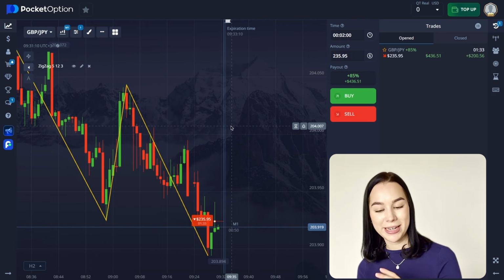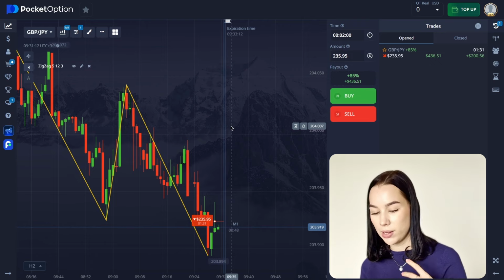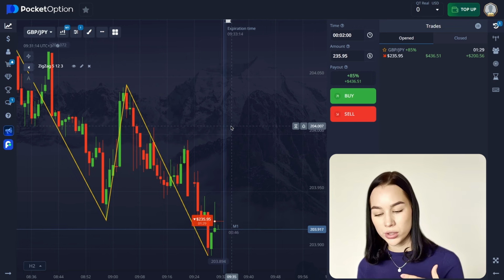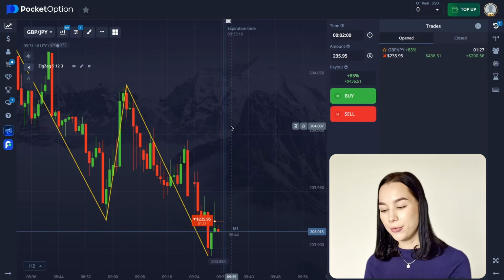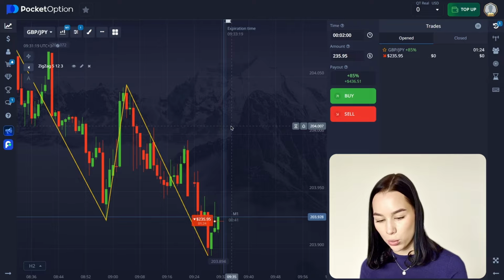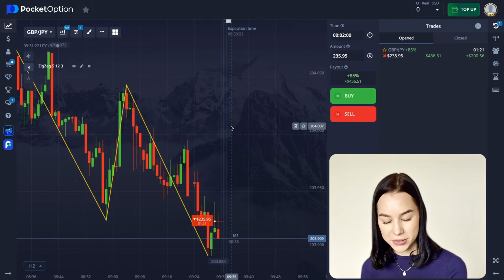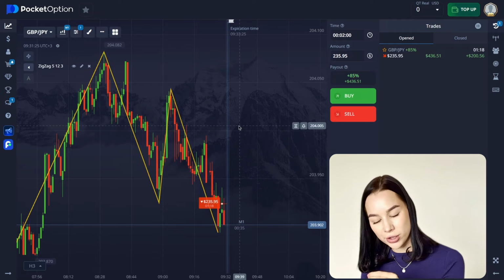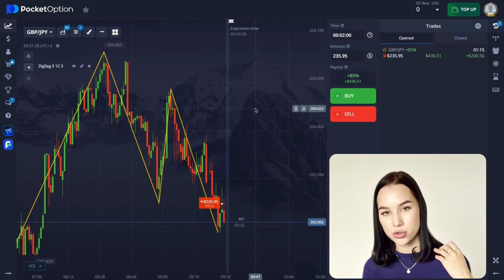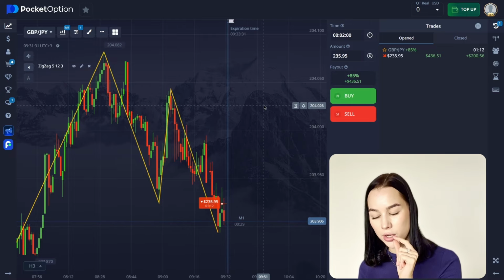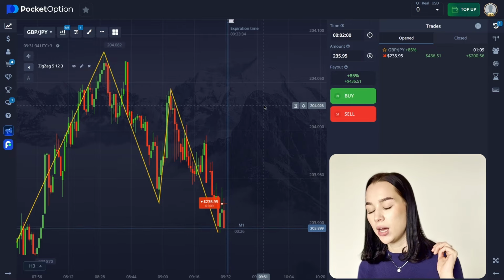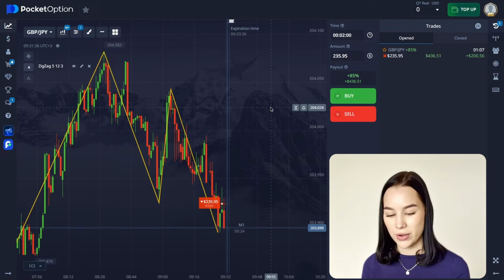So sellers dominate the structure, definitely. So every bullish correction is short-lived and quickly followed by a new impulse downward. So the setup represents a trend continuation entry after a correction in a strong bearish market. So these 2 green candles were just a correction. It was pretty obvious, so it's fine.